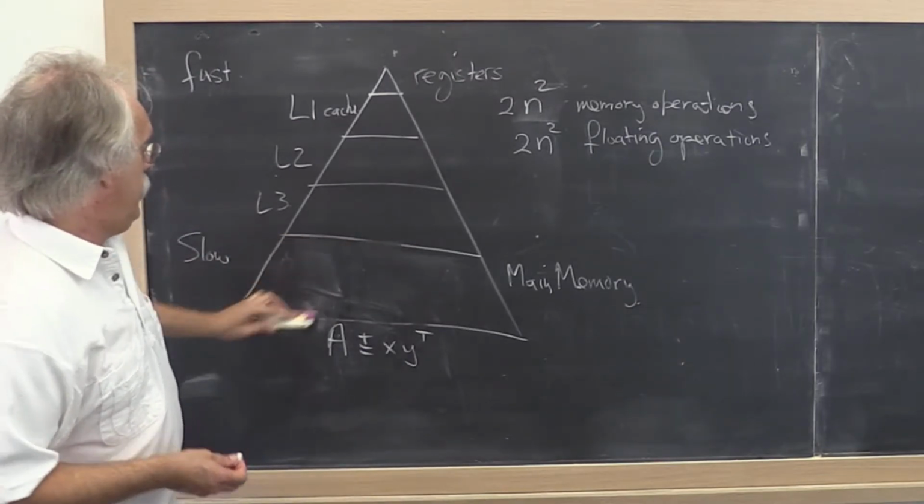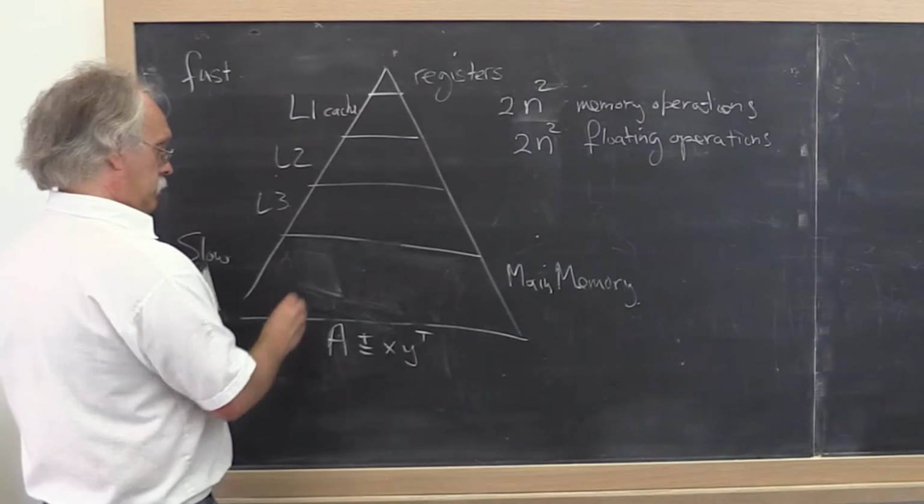What if we have a matrix-matrix multiply sitting in main memory?